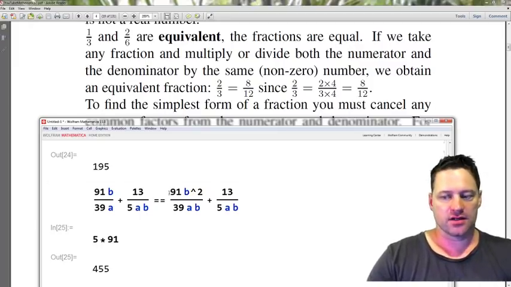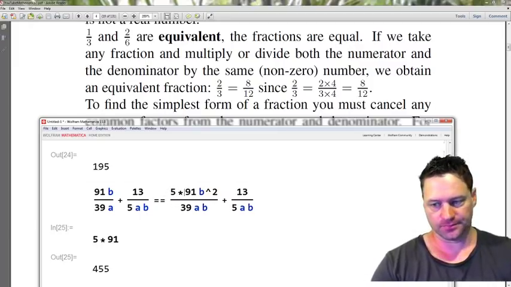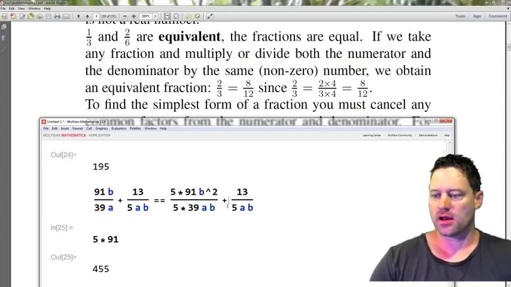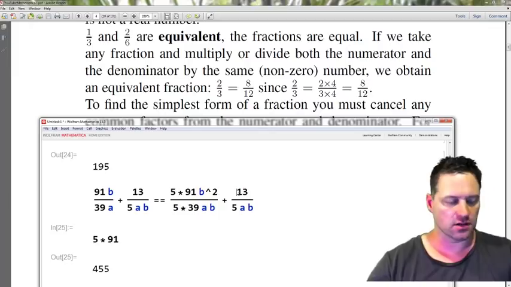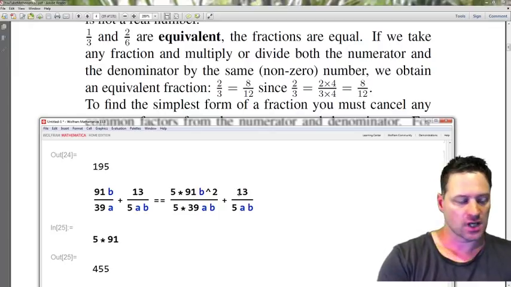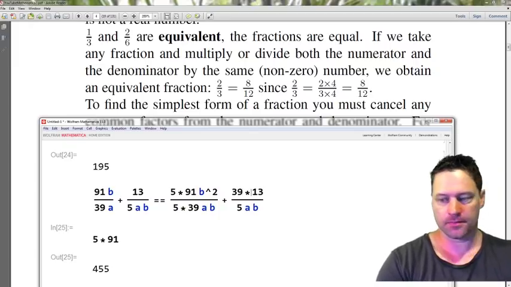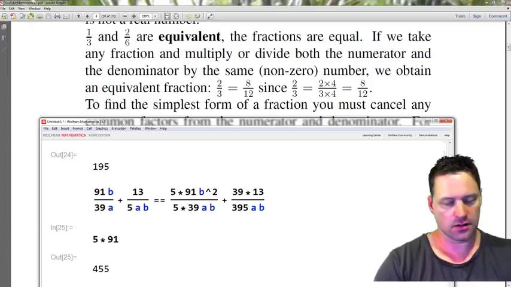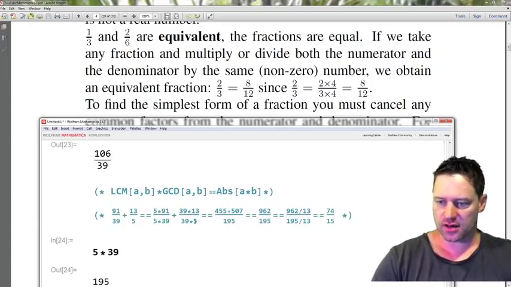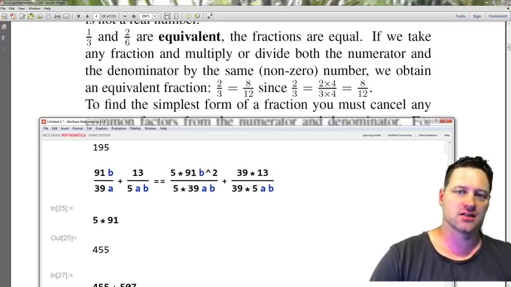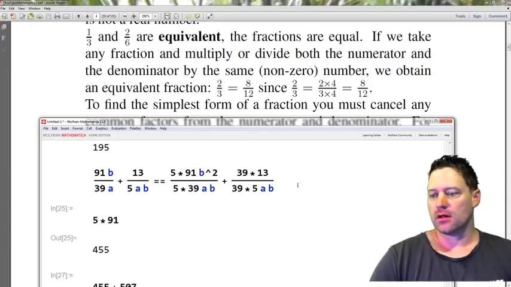So I'll multiply the numerator by 5, the denominator by 5 on that one, and in this fraction on the right hand side I'll multiply the numerator by 39, the denominator by 39. Let's just check. I did do that, right? Yes. Okay. All right. Now the denominators are common.